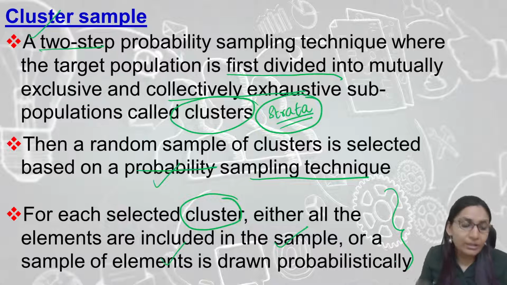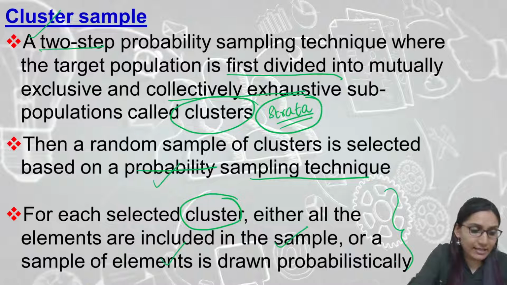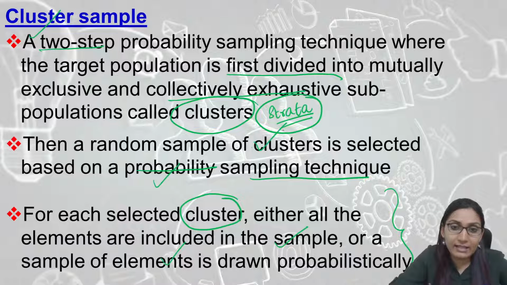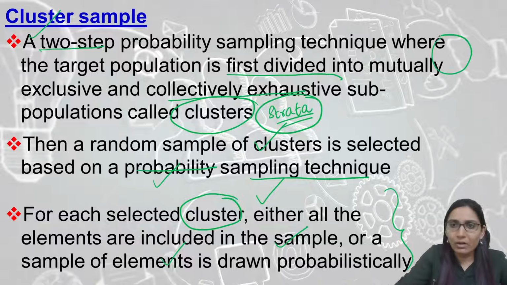That means first the clusters are selected, and for every selected cluster, either all of the elements are included, or they choose them by probability or random.